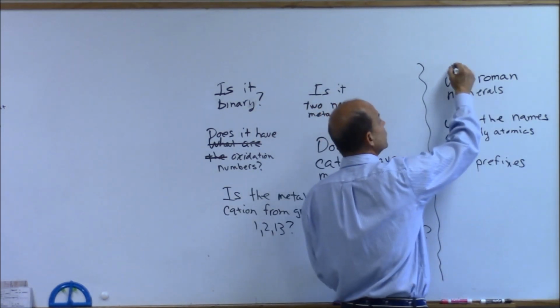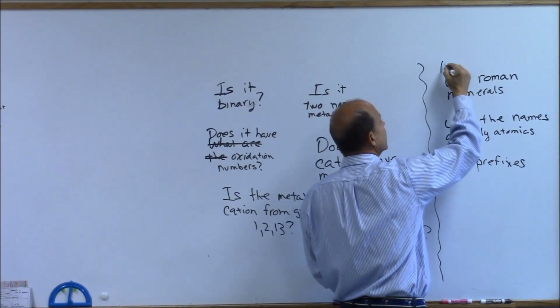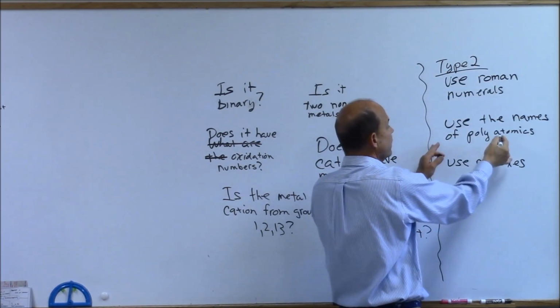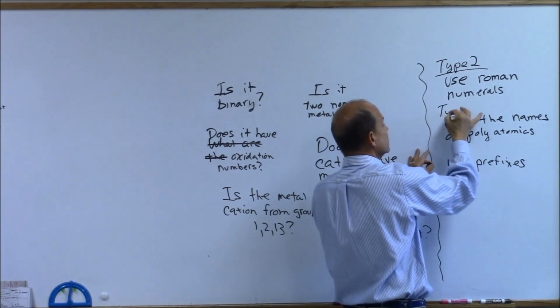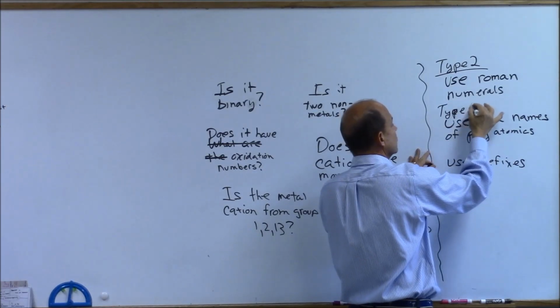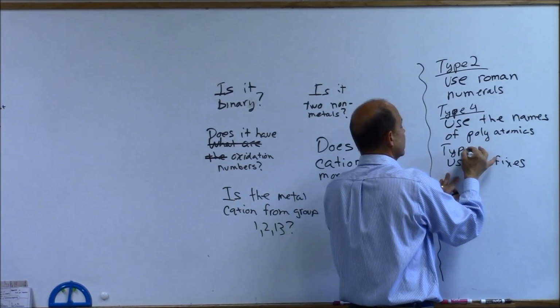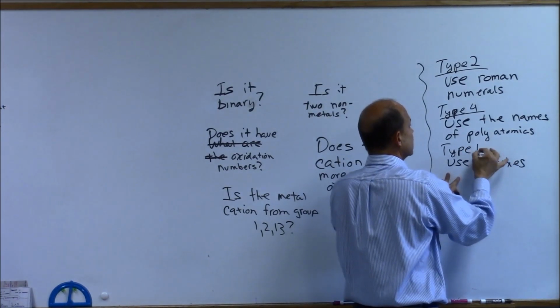So Roman numerals, this would be for a type 2, right? For polyatomics, that's a type 4. Prefixes would be for a type 3.